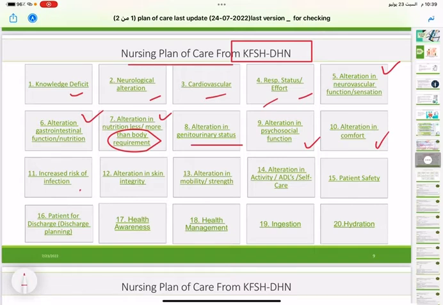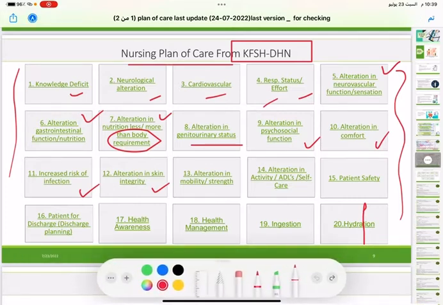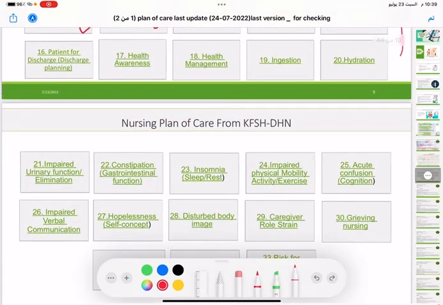The patient may have an increased risk of infection. Here is skin integrity, maybe alteration due to pressure ulcer, because he is already in bed. So there are many reasons, that's why it is collected in this format. We have it in this slide, and we have it in the second slide also. Here this slide, and this is the second slide.